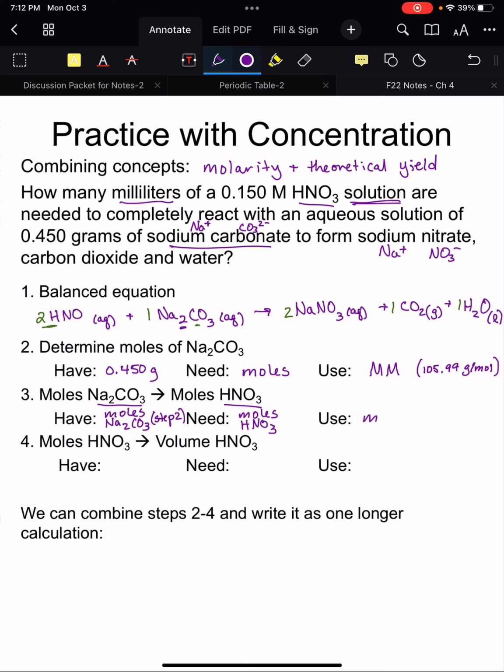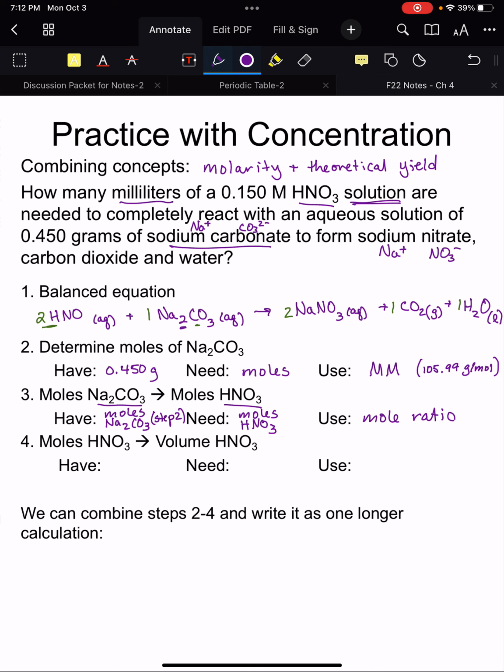So far, this problem is exactly like every other theoretical yield problem we've done, where we figure out how much of the thing we have, we figure out what the mole ratio is, and then we solve for the moles of the other thing. So in this case, it's not actually a theoretical yield problem, it's a how much of the other reactant problem, just like we did in class on Monday.